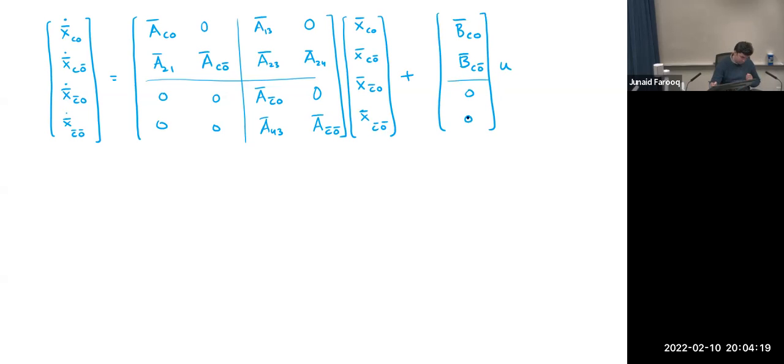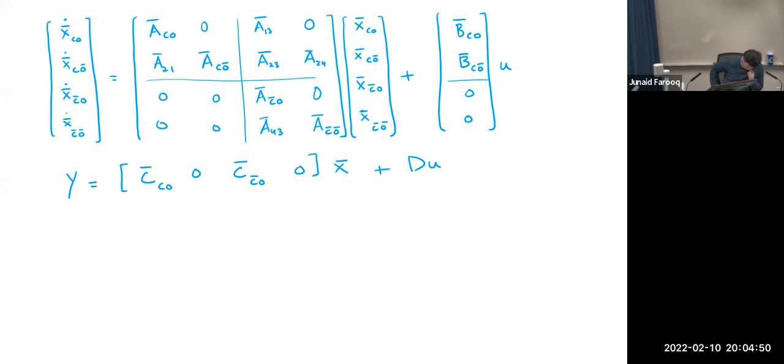You have the zeros in the remaining elements, and output Y is something like this: C bar CO, and then we have a 0 here, and then C bar O, and then 0, X bar plus Du.